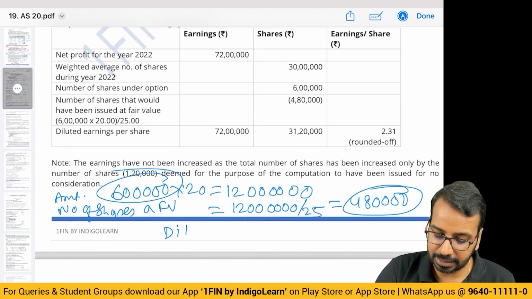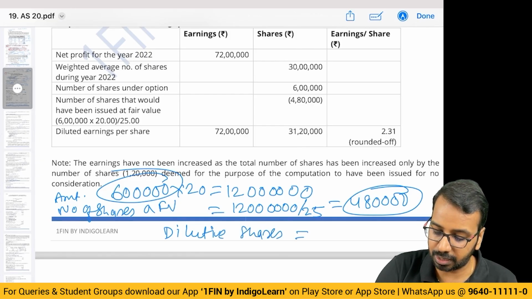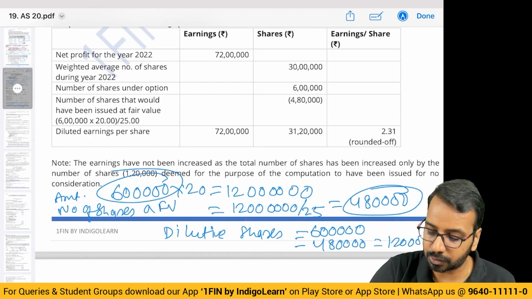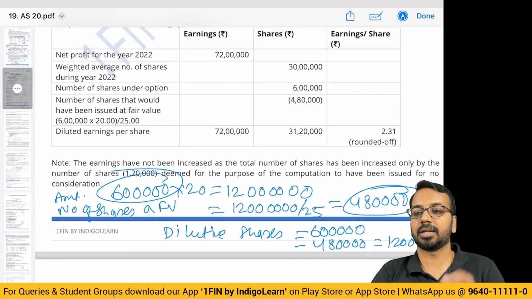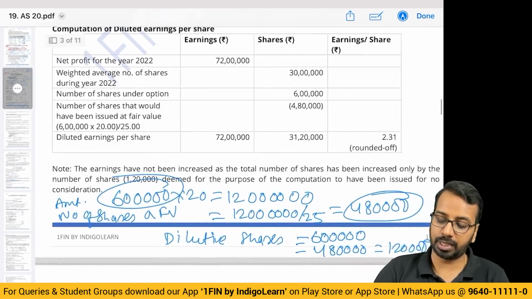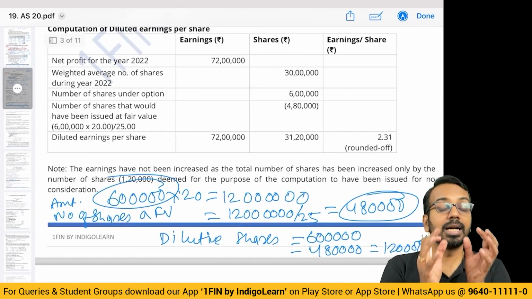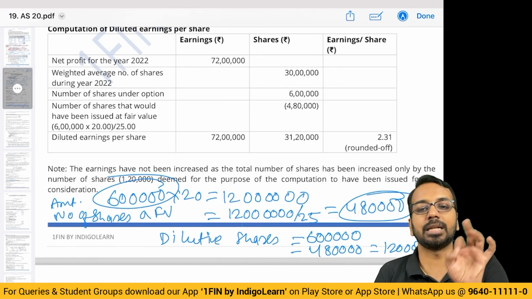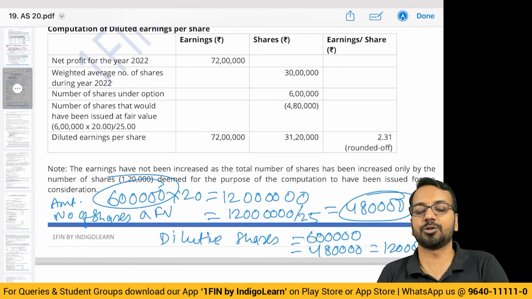So dilutive shares is equal to 6 lakhs minus 4,80,000, that is 1,20,000. So dilutive shares are 1,20,000. Again, I am repeating how to calculate. Take the total proceeds divided by fair value, that is the full value shares issued. Remaining shares we will assume is dilutive.